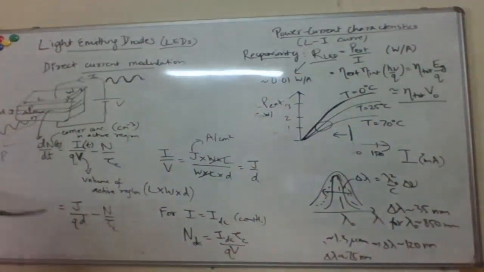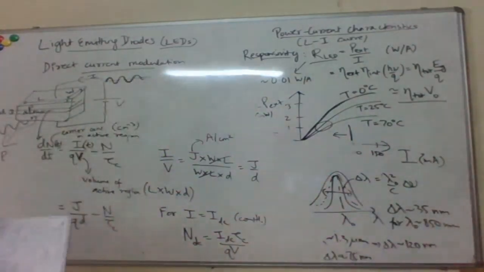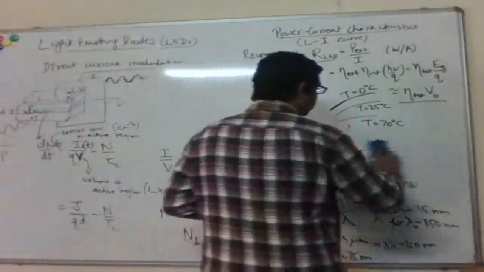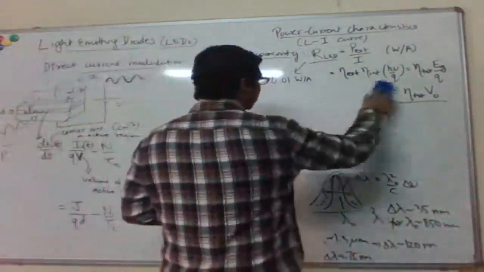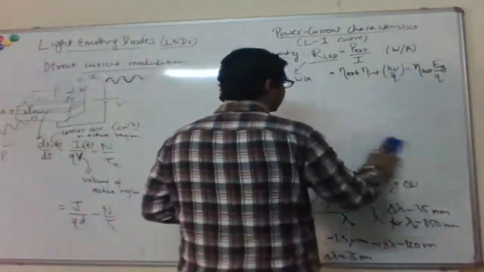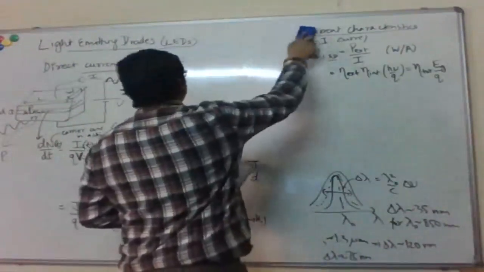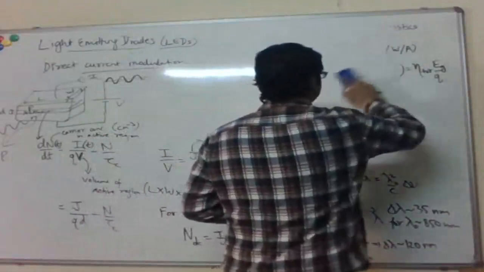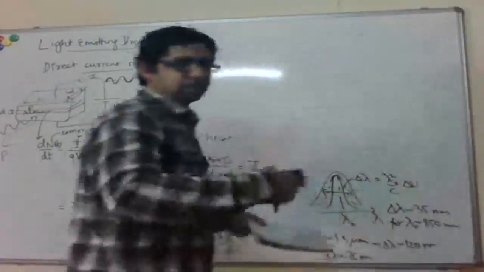But now, let's say I have a time varying current. The simplest possible thing I can have is a sinusoidal current at some particular frequency. Any other signal I can always write, from the Fourier transform, as a superposition of different frequencies.